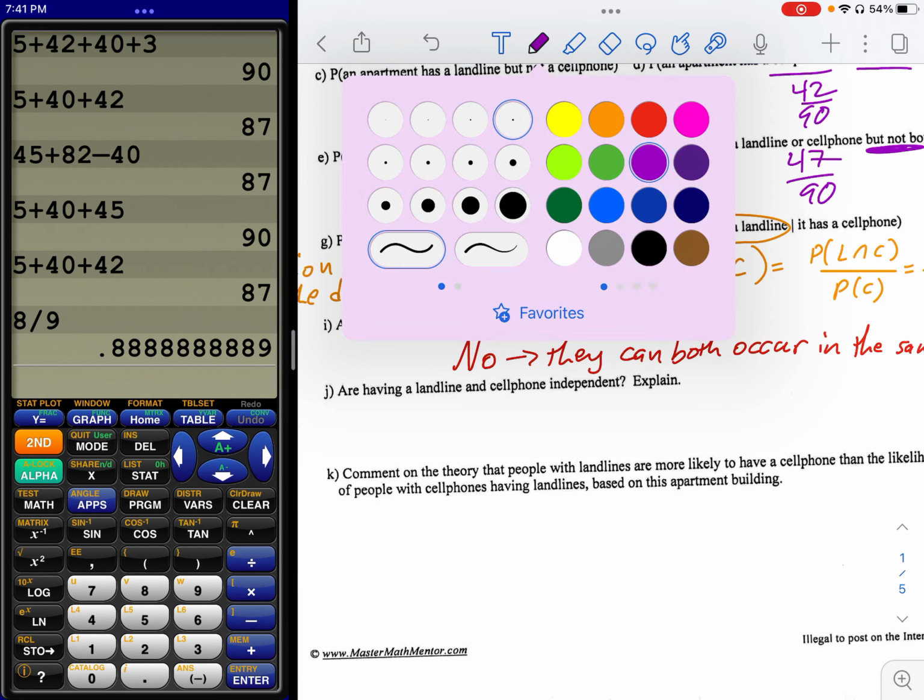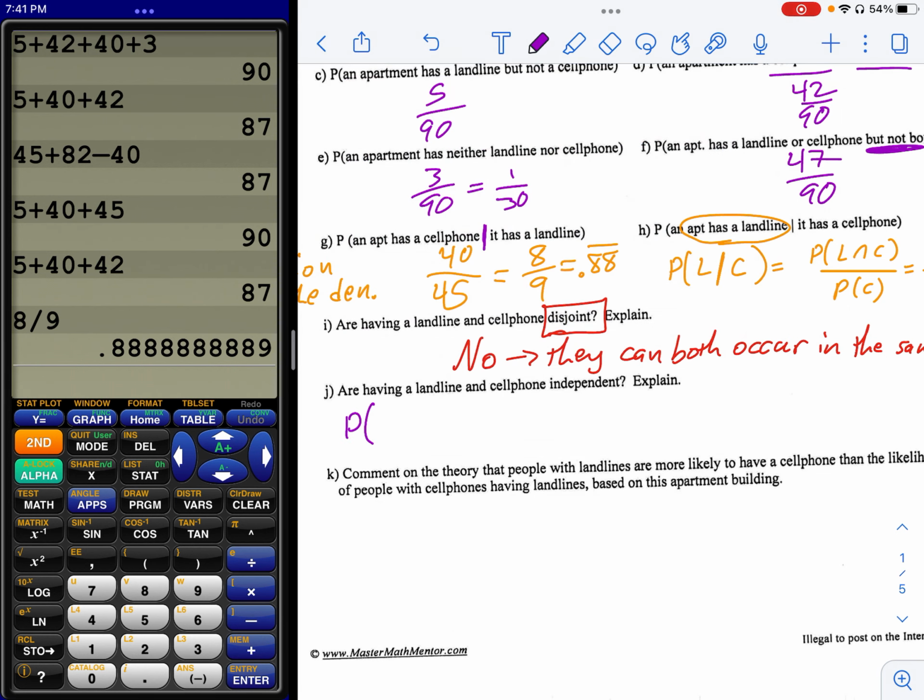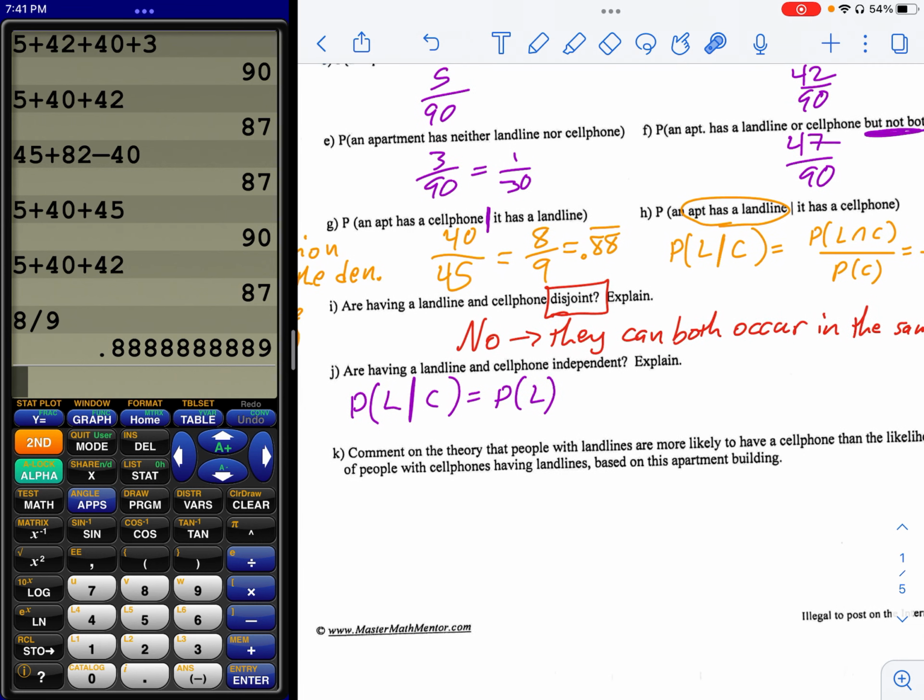So I could word it like this: the probability of a landline, given that they have a cell phone, should equal the probability of a landline, meaning having a cell phone does not impact the probability, has no bearing on the probability. Okay, which means essentially the condition won't matter.